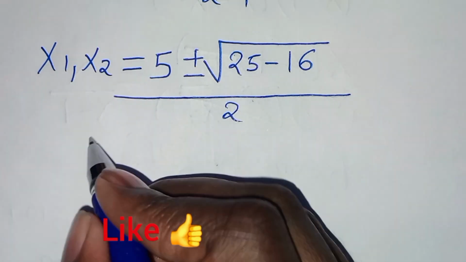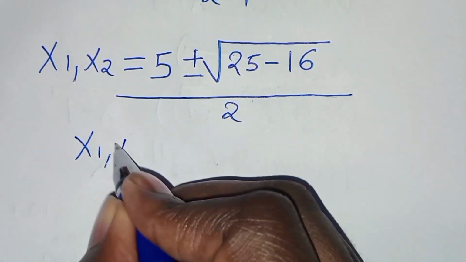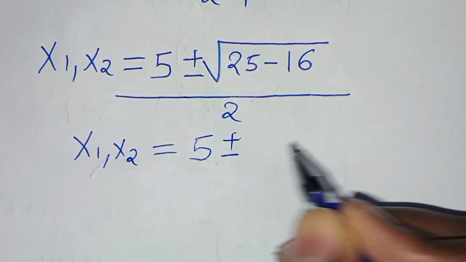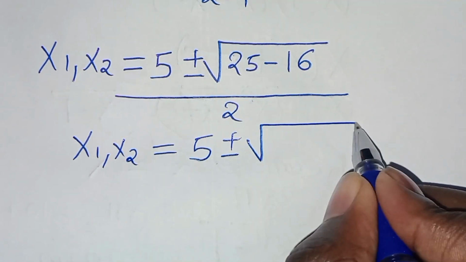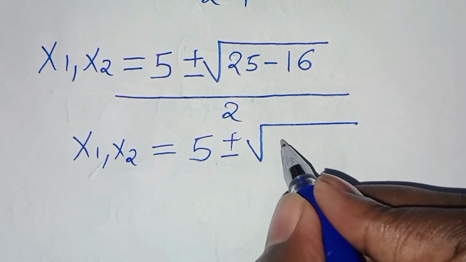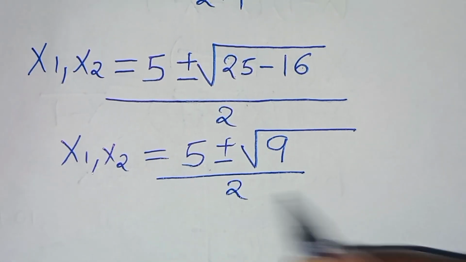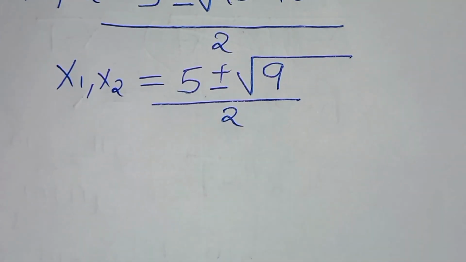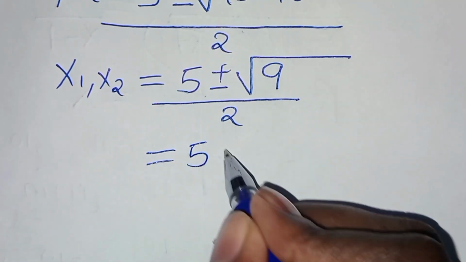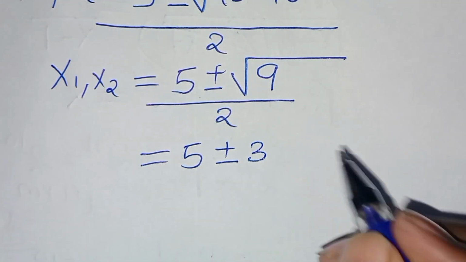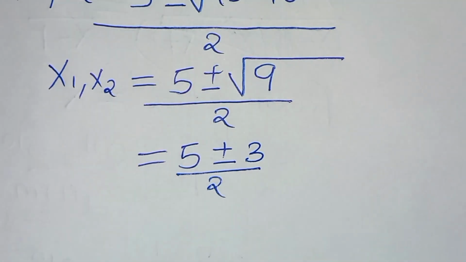So x1, x2 is equal to 5 plus or minus the square root of 25 minus 16, this is 9, divided by 2. So here we have 5 plus or minus the square root of 9, this is 3, divided by 2.